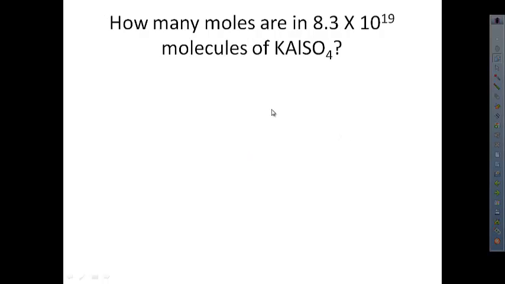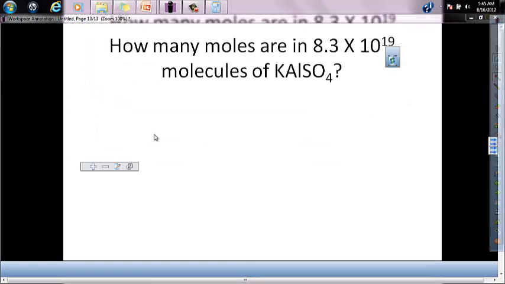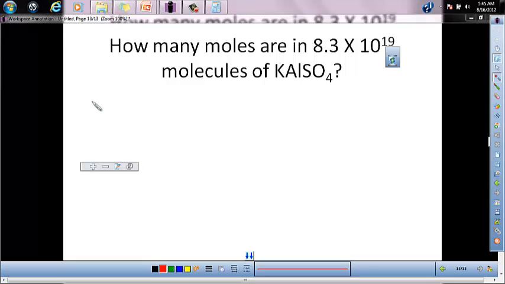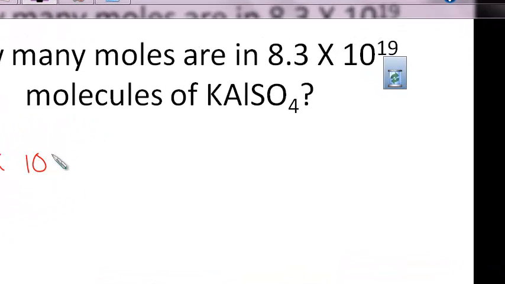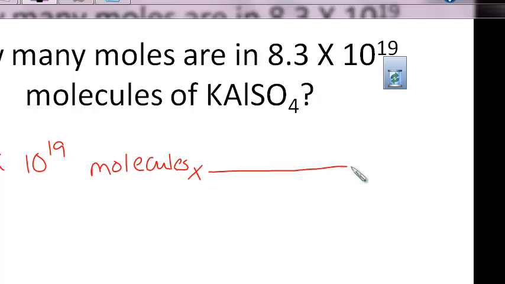Okay, this one says how many moles are in 8.3 times 10 to the 19th molecules of KAlSO4. So you got 8.3 times 10 to the 19th molecules. Now looking at your conversion factors, molecules are the same as particles, right?